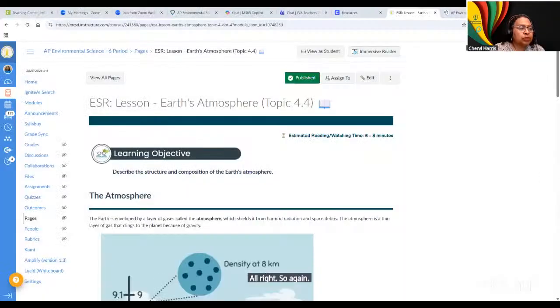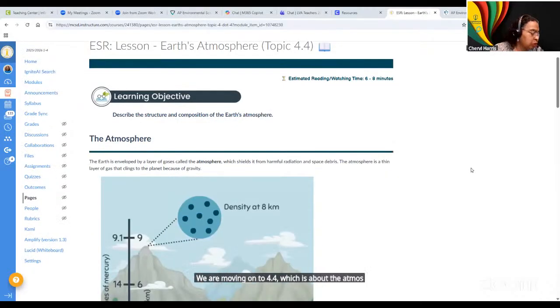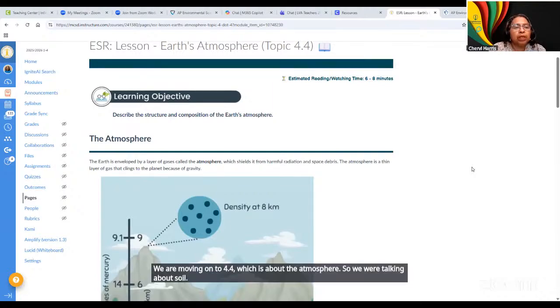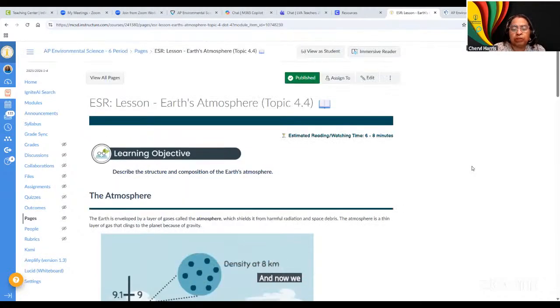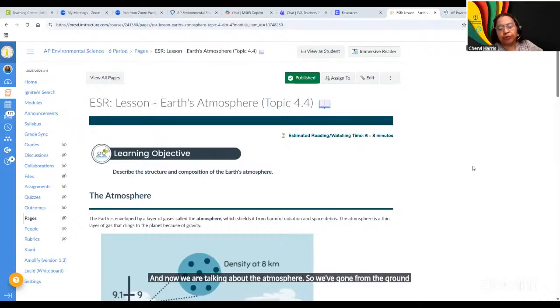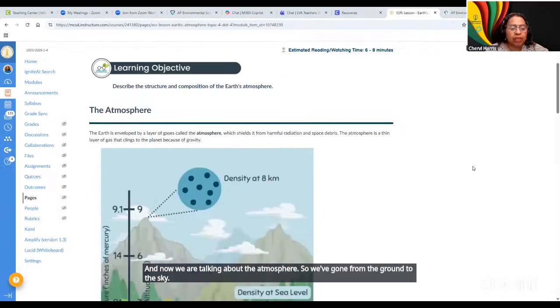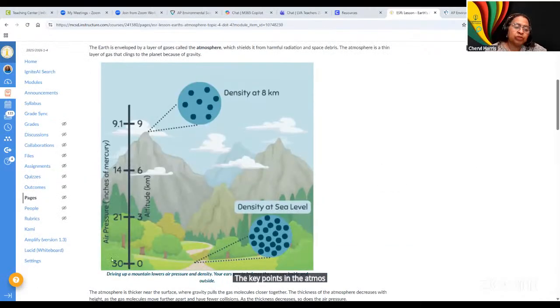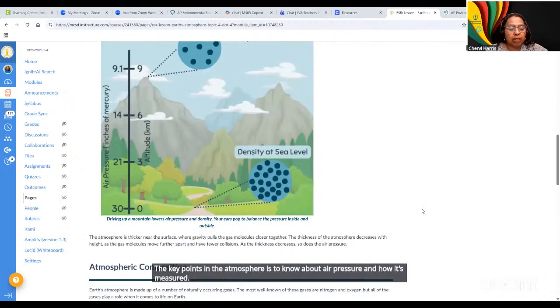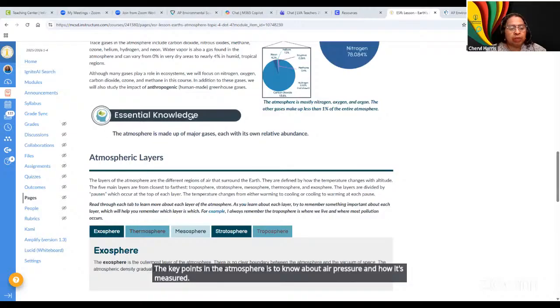All right. So again, for those of you who just joined us, we are moving on to 4.4, which is about the atmosphere. So we were talking about soil, and now we are talking about the atmosphere. So we've gone from the ground to the sky. The key points in the atmosphere are to know about air pressure and how it's measured, and what the air is made up of.